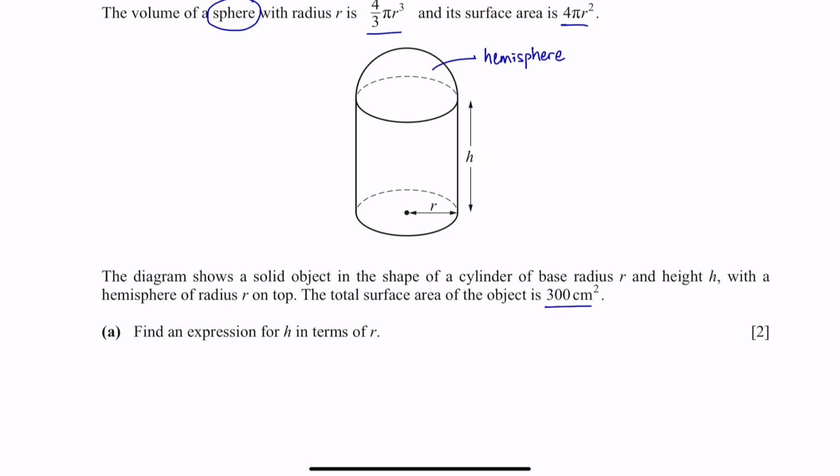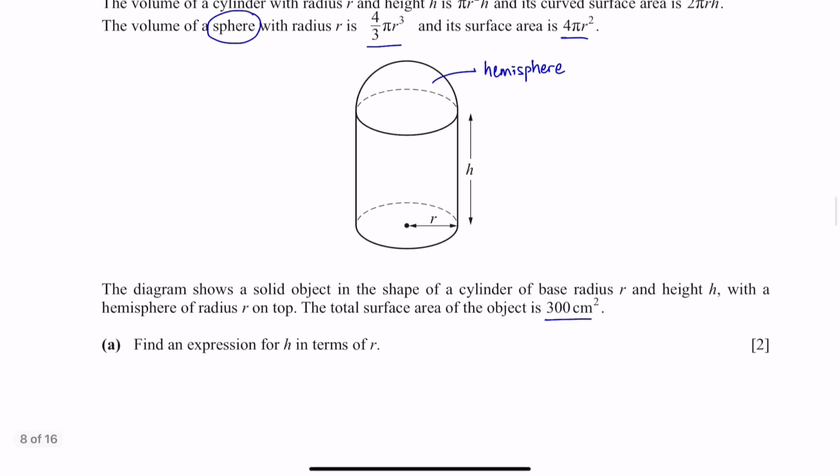First, we need to find the surface area of the hemisphere, so this area over here. Second is the curved surface area of the cylinder. And lastly, the surface area of the base of the cylinder.